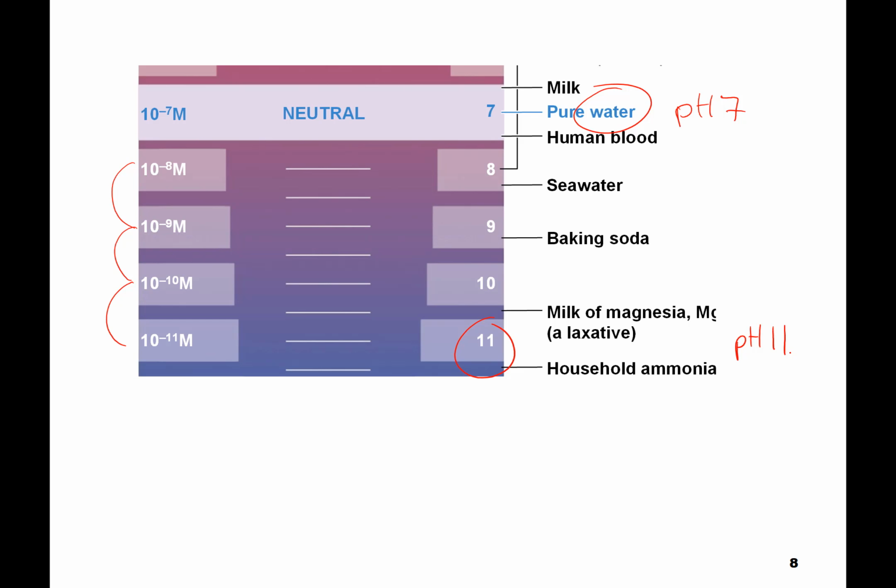Well, the difference is 4 pH units, which equals a 10,000-fold difference in concentration. That's a lot.